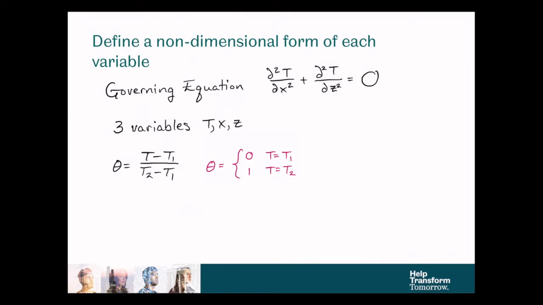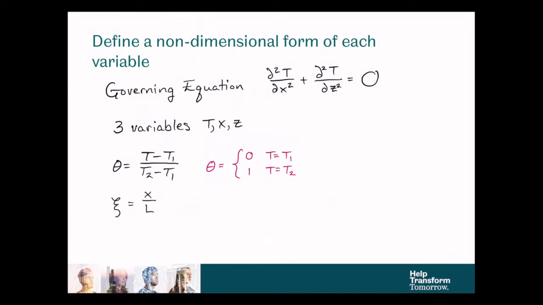And then when you plug in that the temperature is T2, you get that theta equals 1. So within the boundaries of this problem, we have temperatures ranging between T1 and T2, and in the non-dimensional form, that means theta ranges between 0 and 1. And intuitively, you can pick up why that is convenient, because whatever value theta is tells you what percentage of the way it is between the two boundary temperatures.